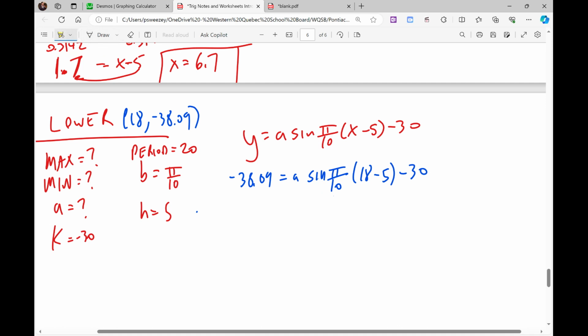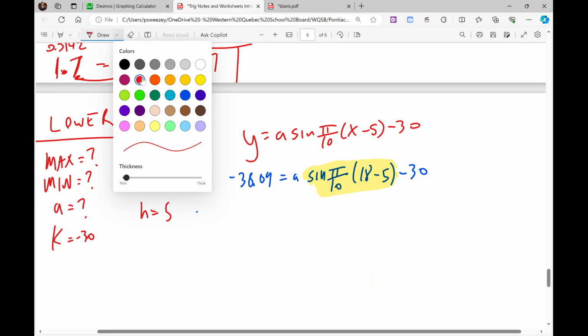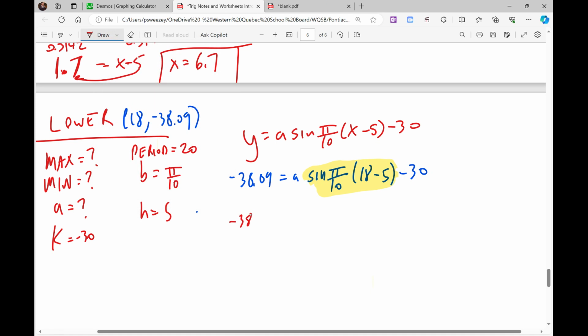Again, it's important for us to note that this is a block and a unit that needs to be treated differently. When I have all of the values in there, I should solve for this part first, on its own. The negative 38.09, I'm not going to touch right now. The A sine, I'm not going to touch right now either. Pi over 10 times 13, minus 30.